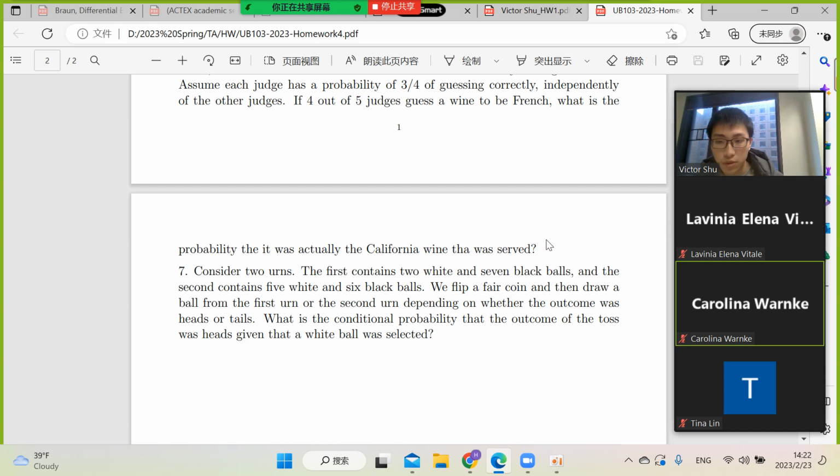So move to question 7. This is a simple application of conditional probability.